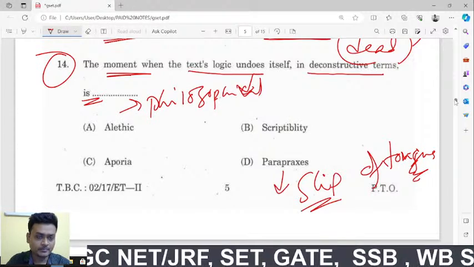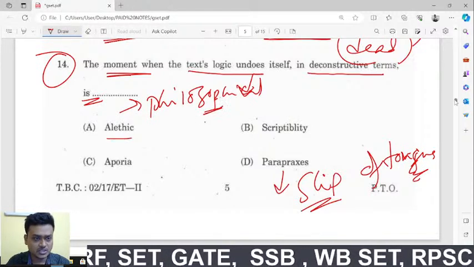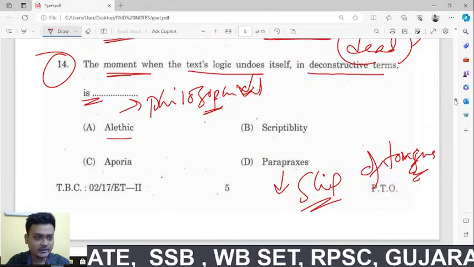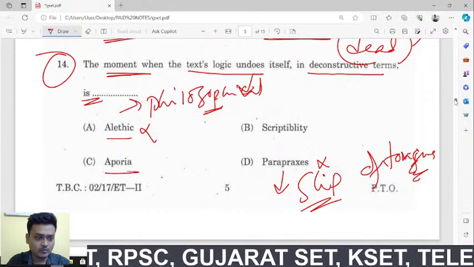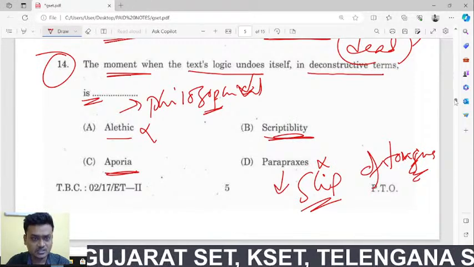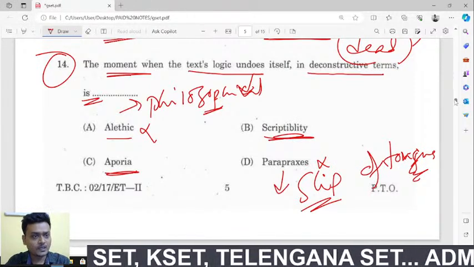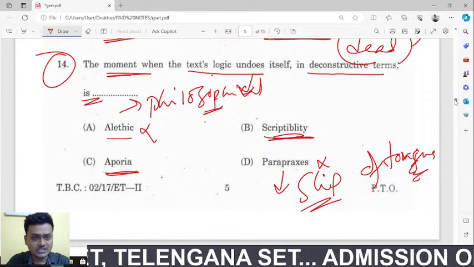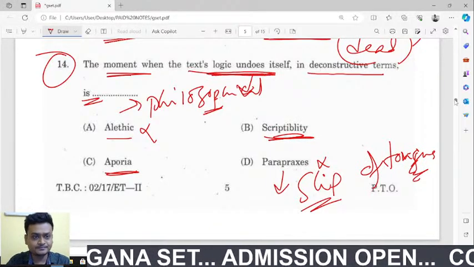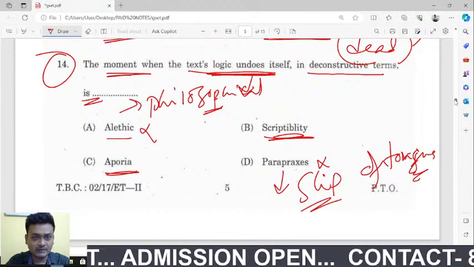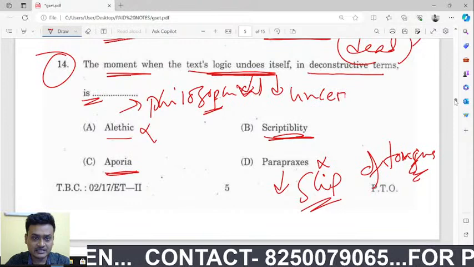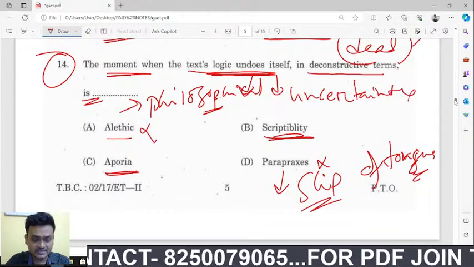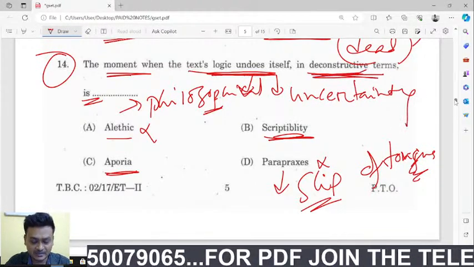Now two options are already eliminated: alethic and parapraxis. We have aporia, we have scriptability. The question is the moment when the text's logic undoes itself. It's talking about the uncertainty, in deconstructive terms.